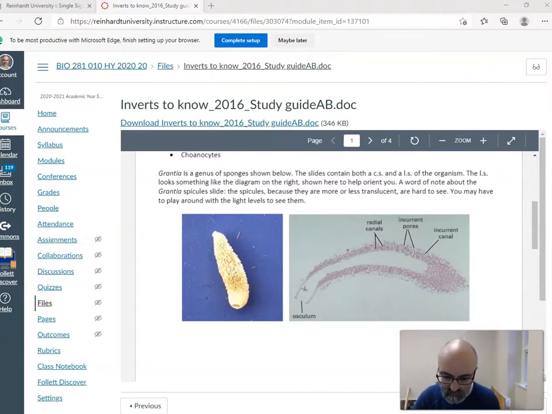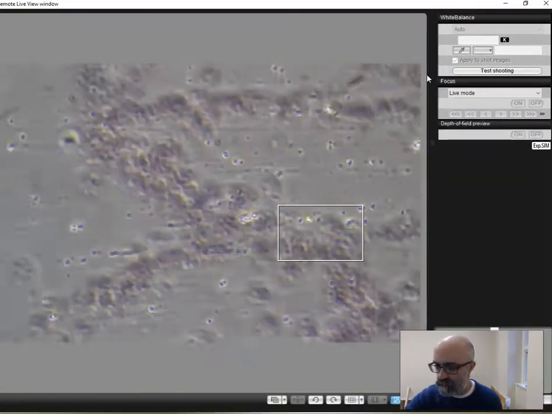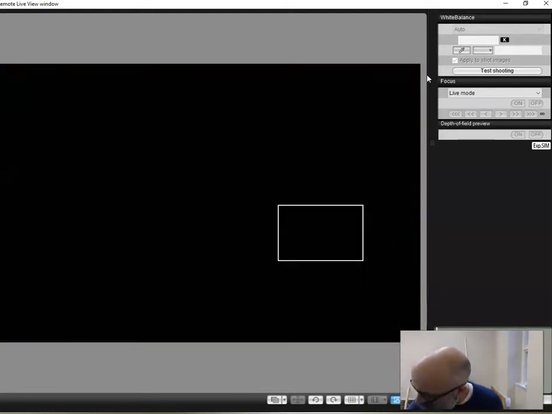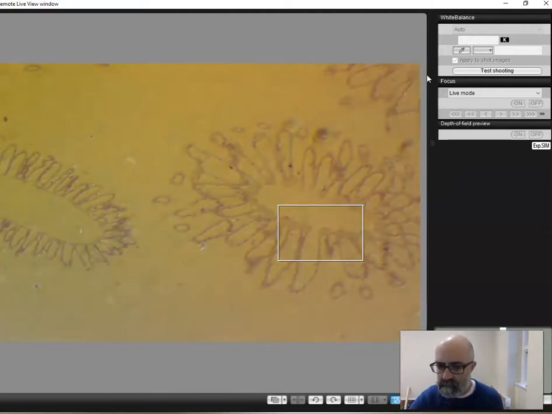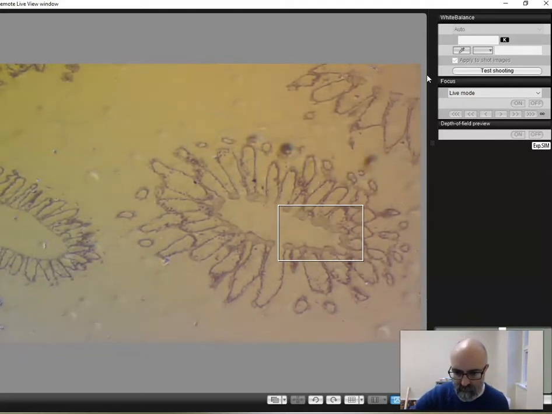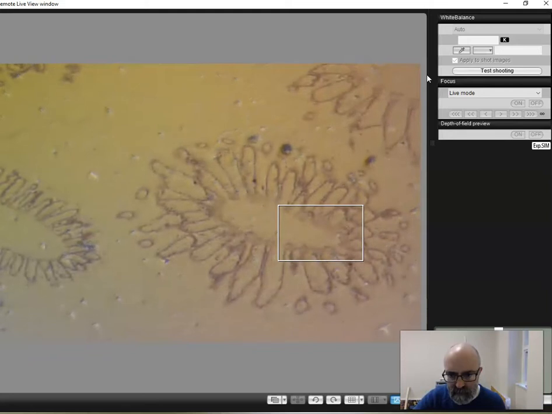Let me pull up our live view. I'll put this down on the scanning. Okay, suddenly we see some stuff coming into focus. Now, I'm going to focus this a little bit better. This is on 40x, magnified 40 times. And this is what you expect to see.